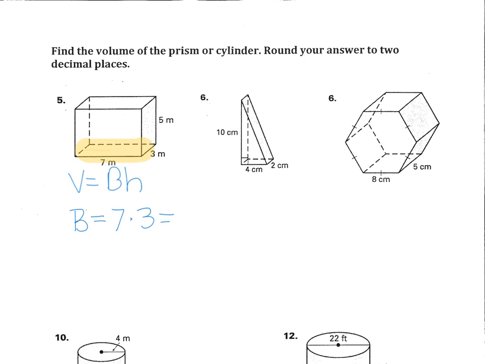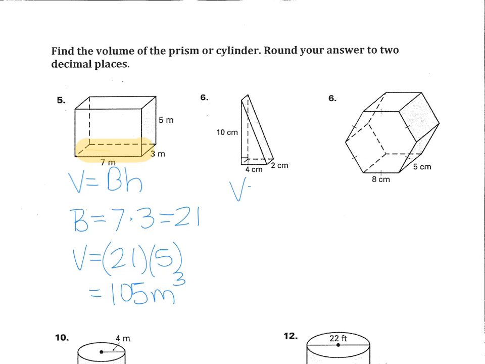It's a rectangle. So the base is 21, times the height of 5. So it would equal 105 meters cubed. Always cubic units. So multiplying three things together.